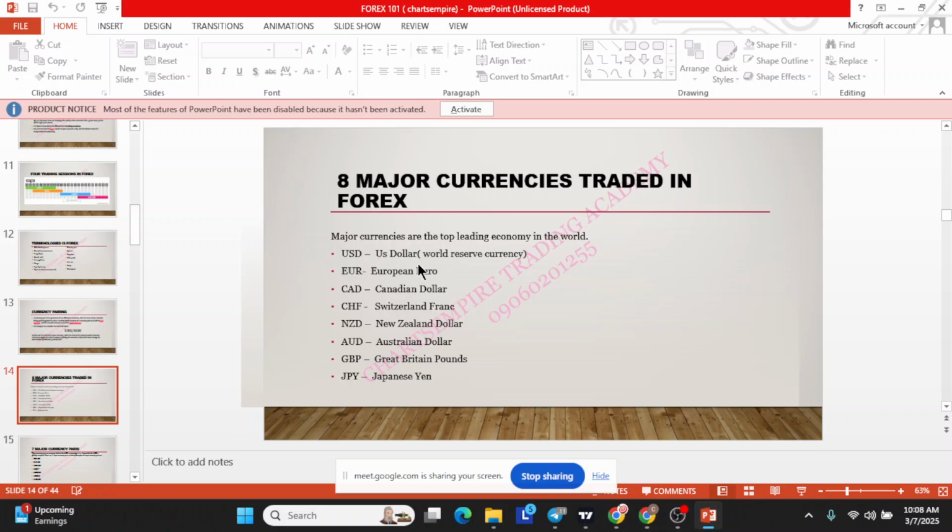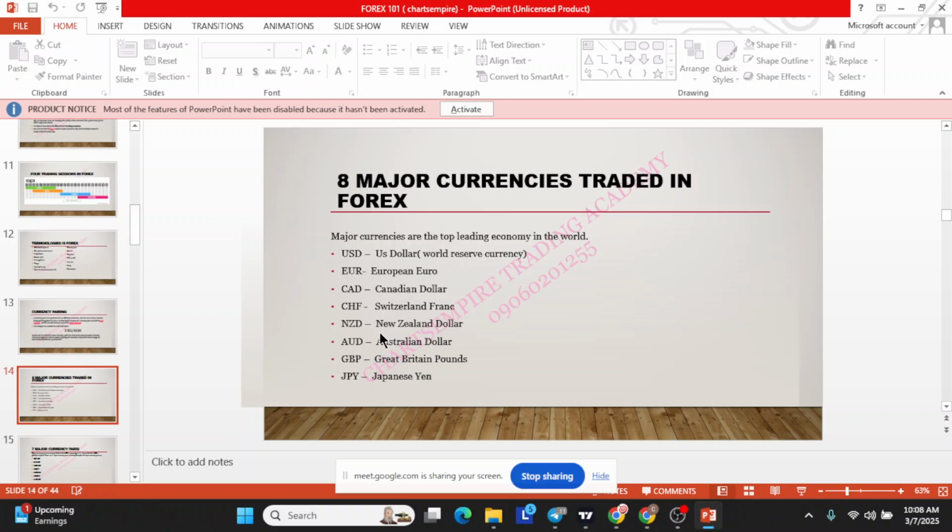So there are 8 major currencies that are traded in forex. At least we have about 170-something countries with different currencies, but we only have 8 that are majorly traded in the forex market, which are what we can see on our screen right now.